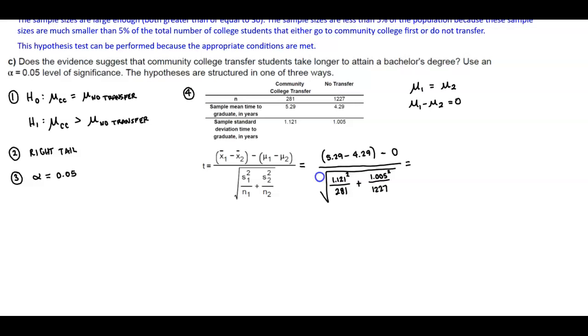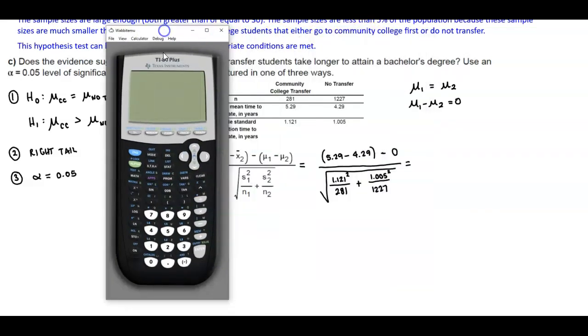Okay, now let's determine what that test statistic is going to be. So using our calculator, in the numerator, we have 5.29 minus 4.29, which gives us 1. And then we're going to divide that by the square root. We're going to put parentheses around the first group.